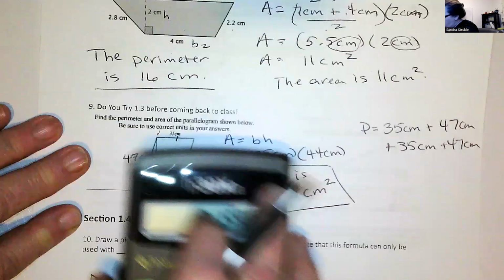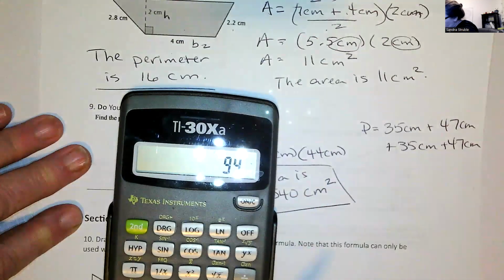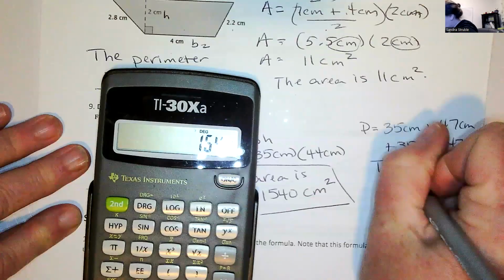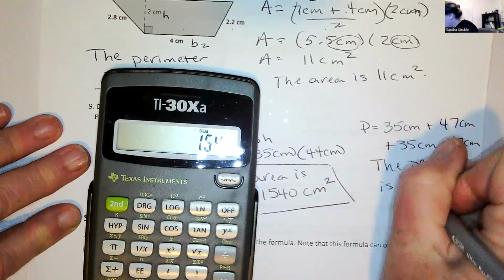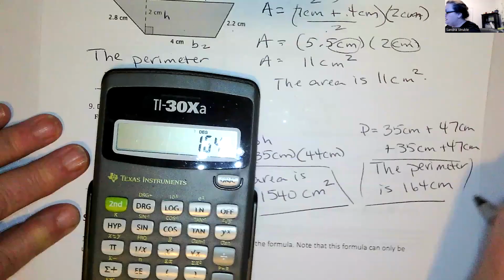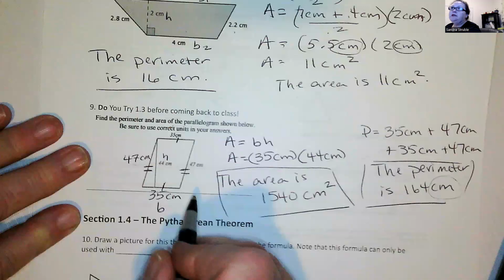All right. So that's 47 times 2 plus 70 is 164. So the perimeter is 164 centimeters.